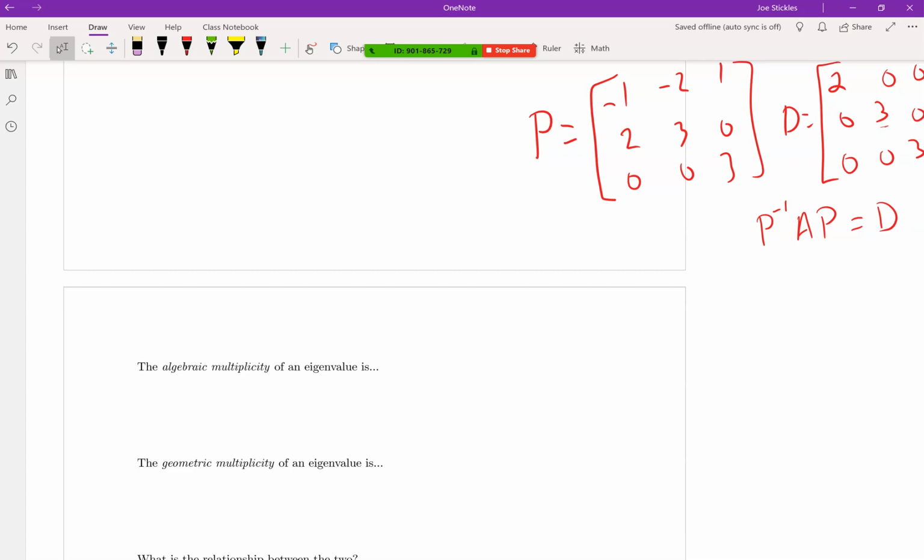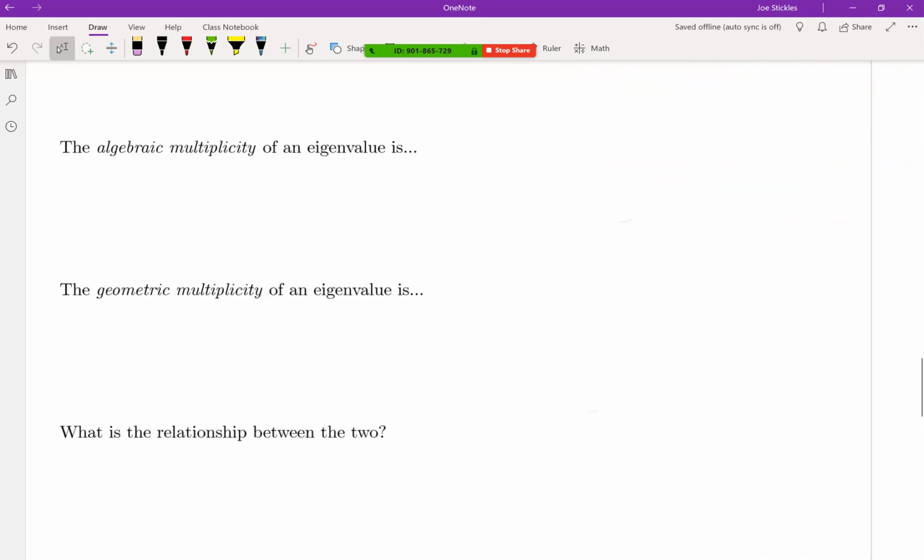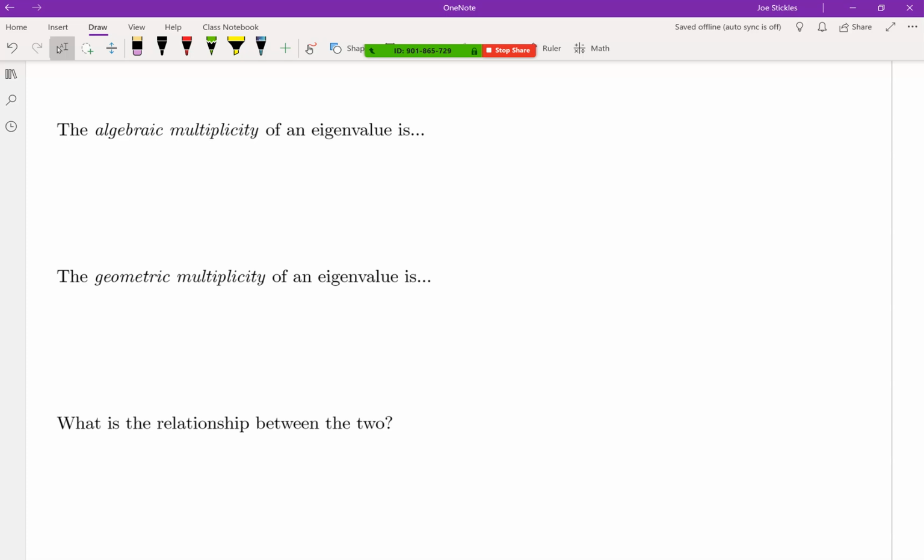All right, so let's talk about this idea with the multiplicities. So we saw that the eigenvalue 3 in the previous example had a multiplicity of 2 because we had that lambda minus 3 squared. So that's what we refer to as the algebraic multiplicity. It's the power on the factor that gives the eigenvalue.